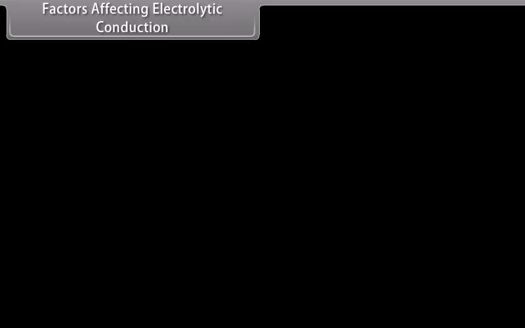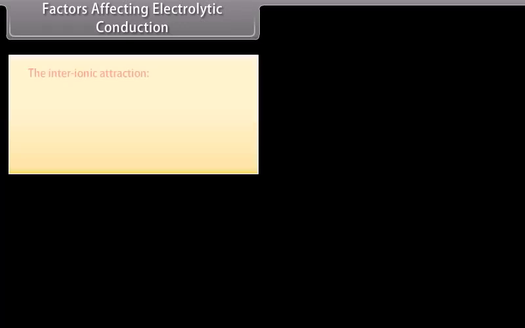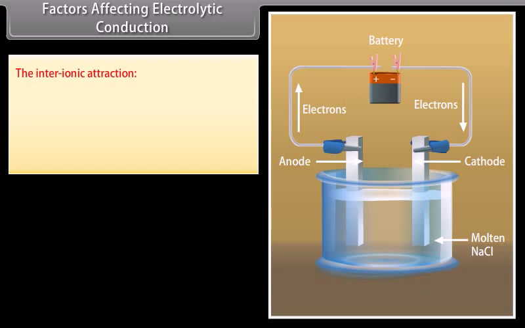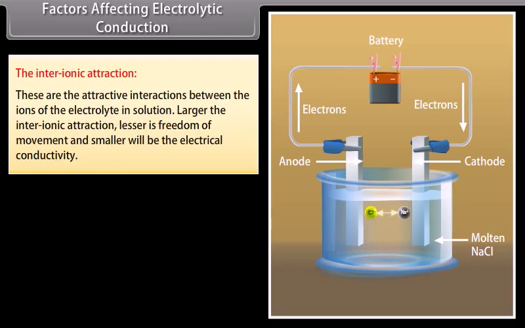Factors affecting electrolytic conduction. Electrical conductivity of the solutions of electrolytes depends on the following factors. The inter-ionic attraction. These are the attractive interactions between the ions of the electrolyte in solution. The larger the inter-ionic attraction, the lesser the freedom of movement, and the smaller the electrical conductivity.